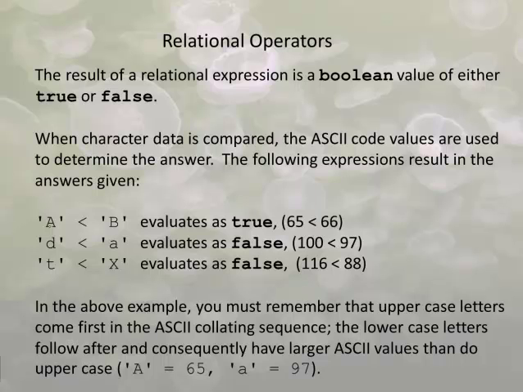We could compare two characters, the character A and the character B, and it is true that A is less than B, because remember that using the ASCII chart, a letter A is represented by 65, and a letter B, if you look at your ASCII chart, is 66. 65 is less than 66, so it is true that A is less than B. Lowercase d, however, is not less than lowercase a because they are represented by the ASCII values 197.